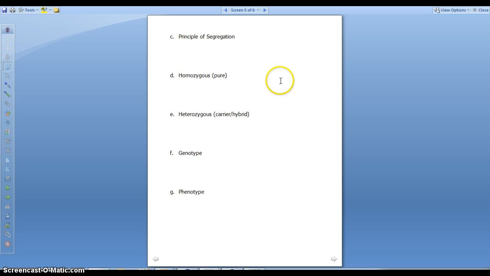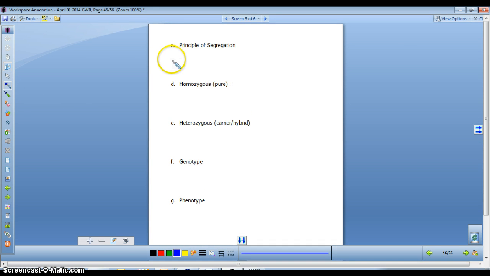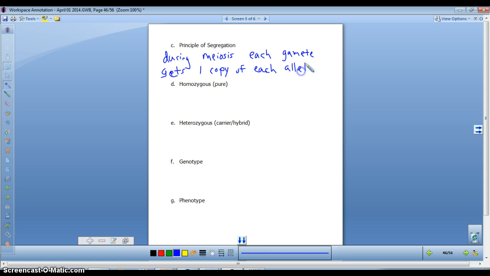Next, the principle of segregation says that during meiosis, each gamete gets one copy of each allele.